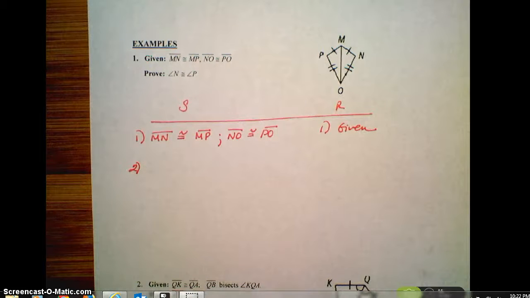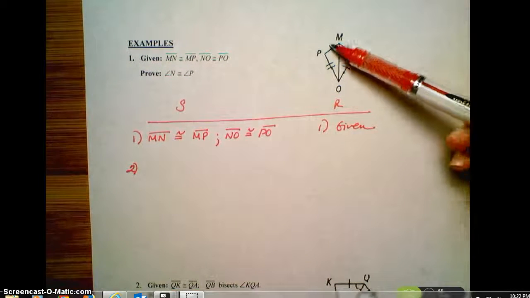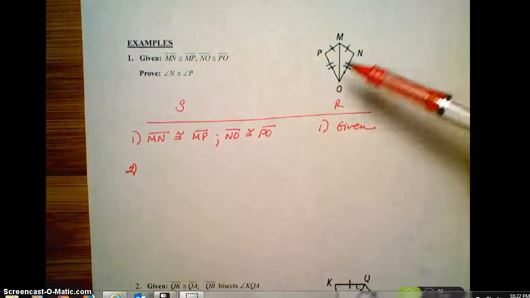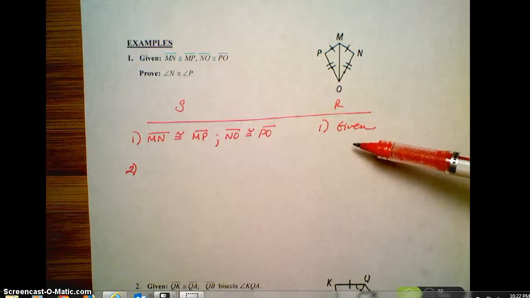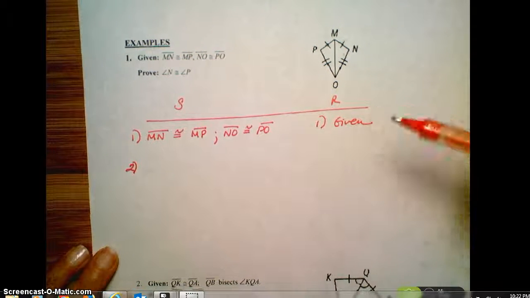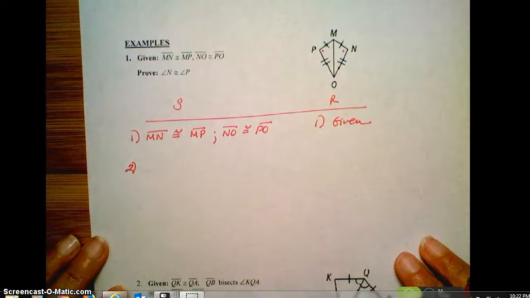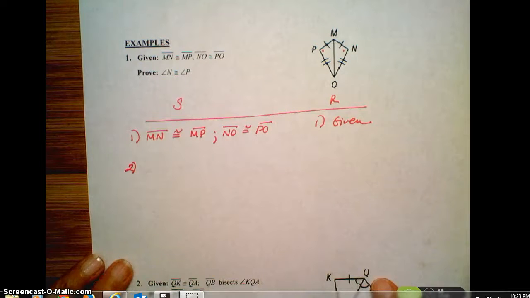So on page 2, we're looking at example number 1. And again, after reading the givens, you check, and yes, they were very kind to you, and they also have marked the givens. And I went ahead and wrote the first step, and again, we know where we were getting started. Then we take a look. We're trying to prove angle N is congruent to angle P. Once again, I have no reason unless I can prove that those two triangles are congruent to each other, then N and P would be corresponding parts.